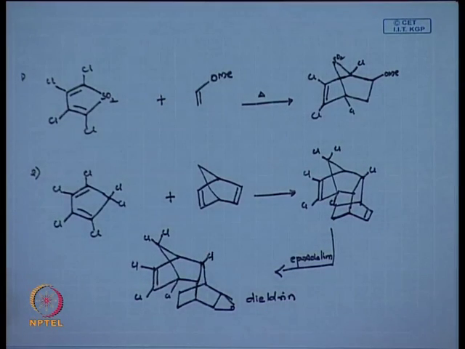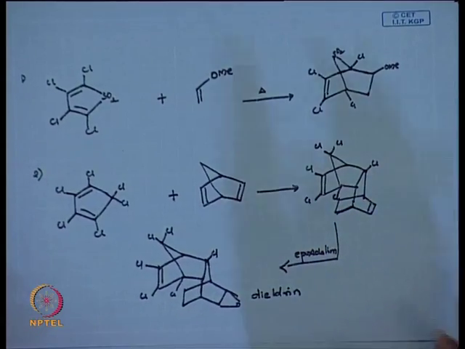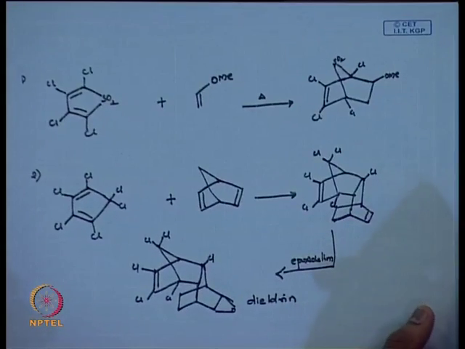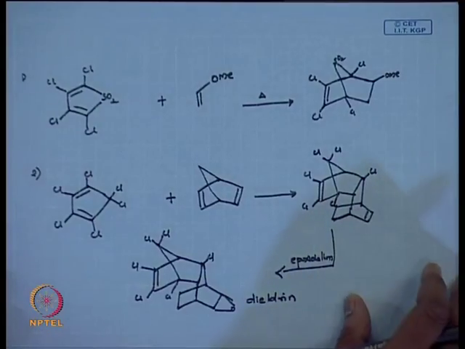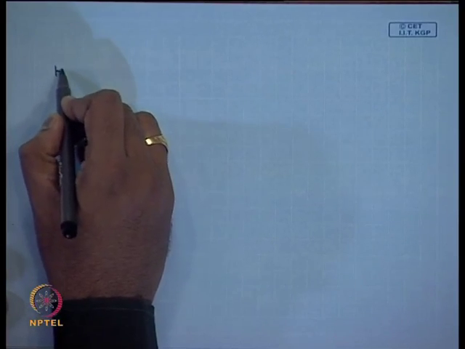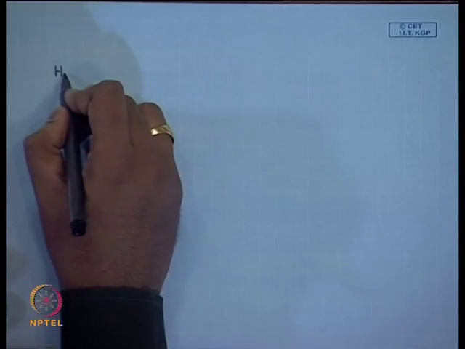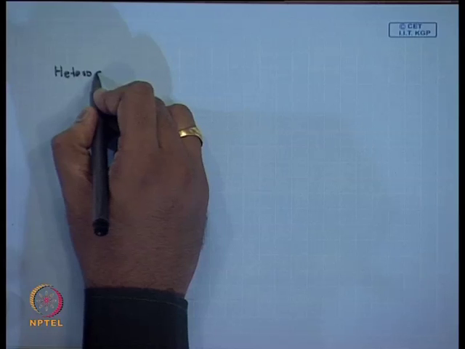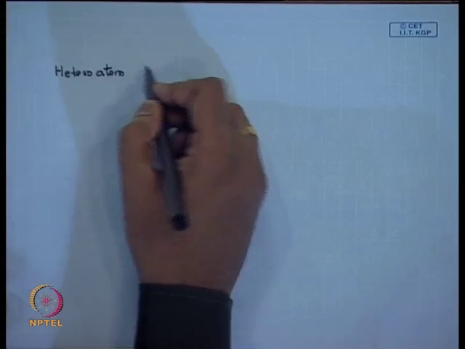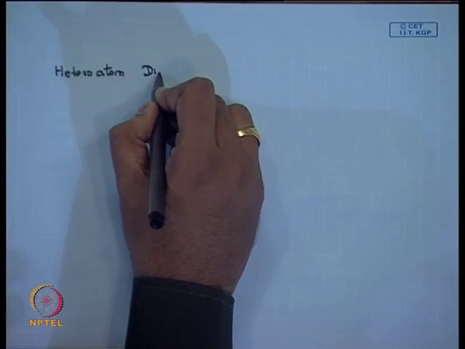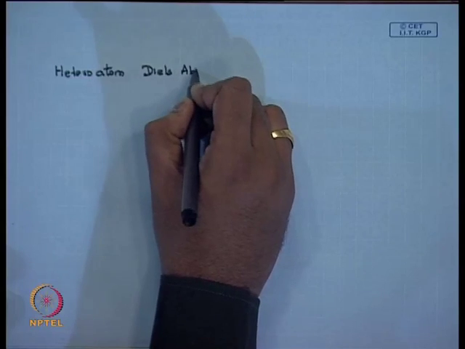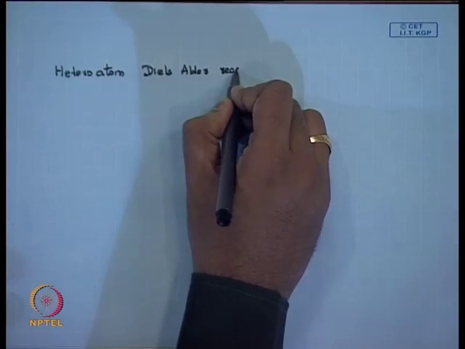Now, what we will do is see some examples of heteroatom Diels-Alder reactions, which are also an important case. We were talking about dienophiles all with carbon systems, right.